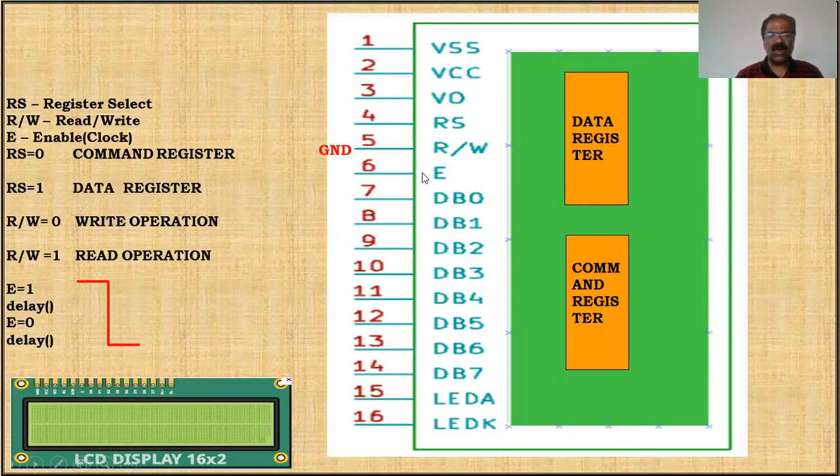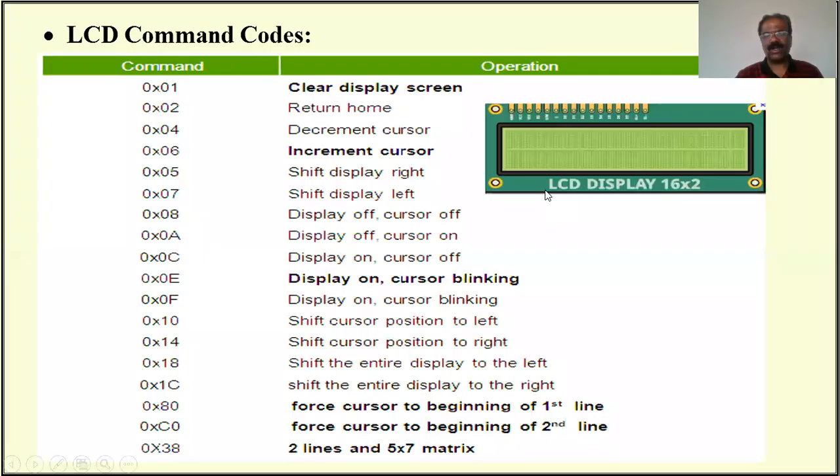How to generate a clock? First, it must be high. After some time, make it low. Then only that data is written into the data register, because r/w is already low. If you want to write the information, this signal must be low. This is the procedure. Okay, understood?